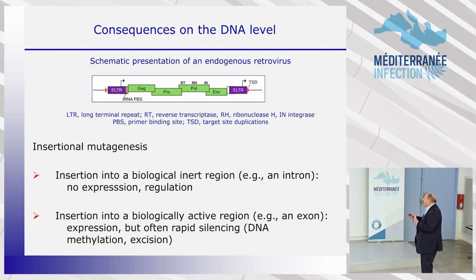And if it integrates in an active region, in an exon, then there may be expression. But especially the human endogenous retroviruses are well known for the fact that they are rapidly silenced, either by DNA methylation or excision.